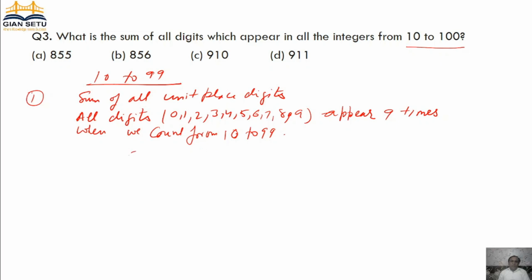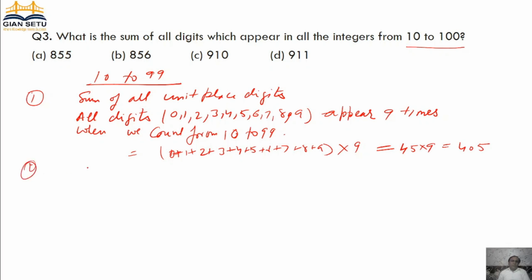So sum of all digits will be 1 plus 2 plus 3 up to 9, into 9, and it will be equal to 45 into 9, and it will be 405.